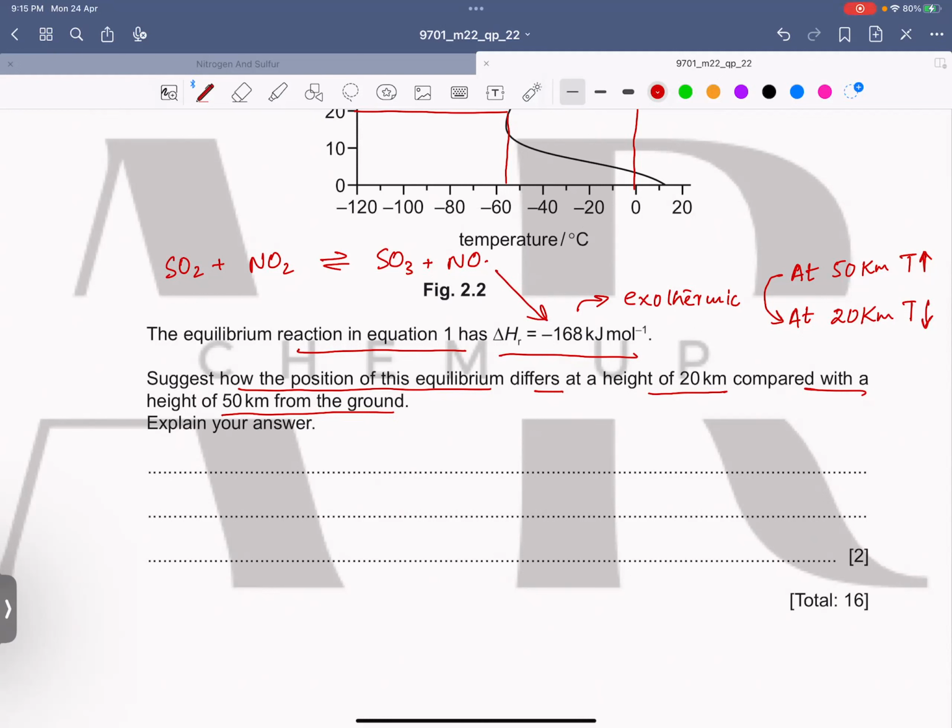Okay, good. So at 20 kilometer height, the temperature is lower than at 50 kilometer height.